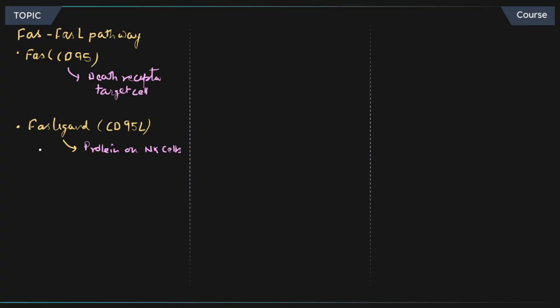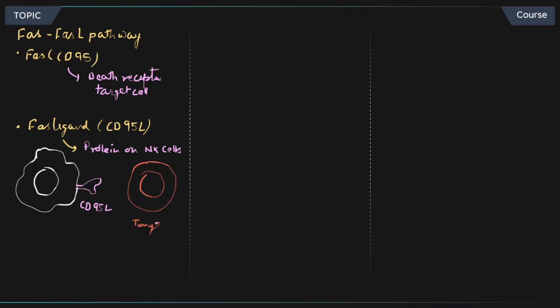Now, if I diagrammatically try to show you, suppose this is the NK cell, and the NK cell will have a receptor on the surface. Suppose this is the receptor, and this receptor is the CD95L receptor. Understand, right? And then let's say we have a target cell right over here. The receptor present on the surface of the target cell, which will interact with this CD95L, is the FAS receptor or CD95.